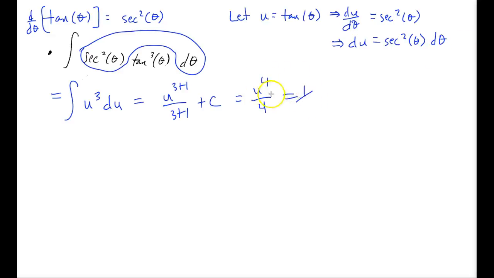And that would be, oops, forgot my plus c at the end there. So our plus c, and then that'll be 1/4, and u is going to be tangent theta, so that'll be tangent to the 4th plus c. And that would be our final answer for this example.